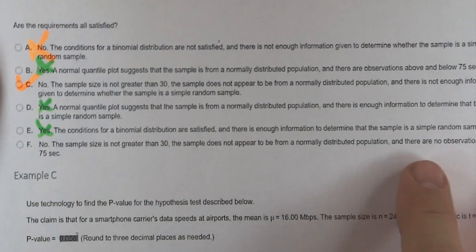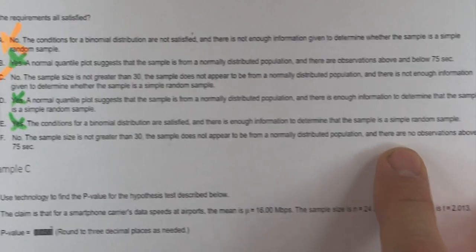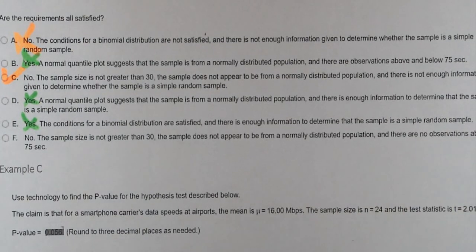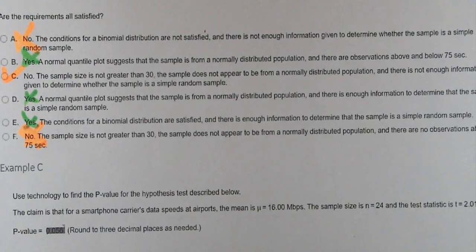But then it goes on to say that there's no observations above 75 seconds. Well, that's not one of the requirements here. So that one, we'll X that one out as well. All right, are we okay with those first two there? Looking pretty good? All right, thank you.